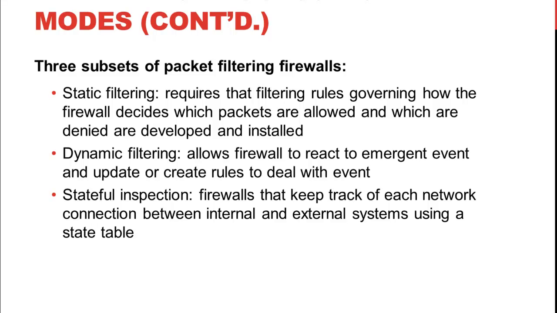And then stateful inspection firewalls, or stateful firewalls, keep track of each network connection between internal and external systems using what's referred to as a state table, which really tracks the state and context of each packet in the conversation by recording which station sent what packet and when, and usually associated with that is some sort of time to live, or how long that packet is allowed to exist on the network.